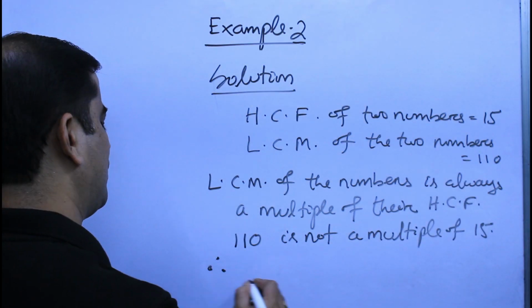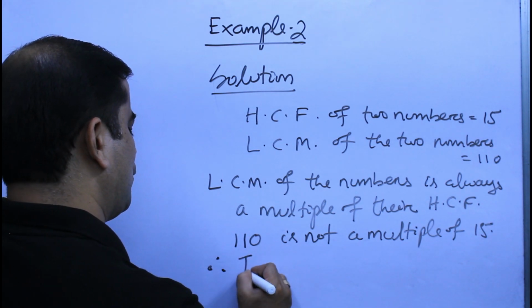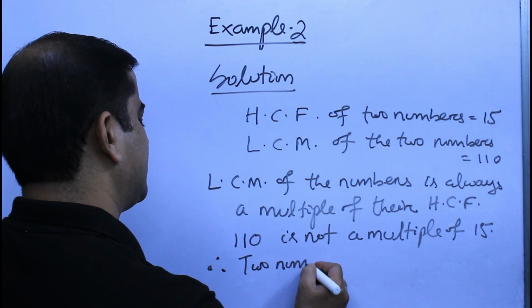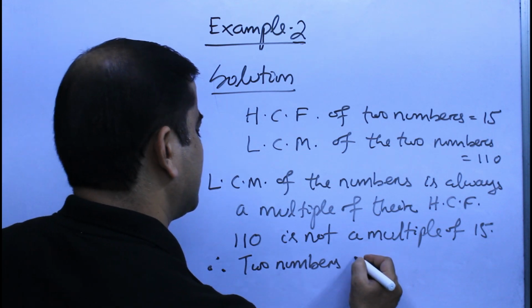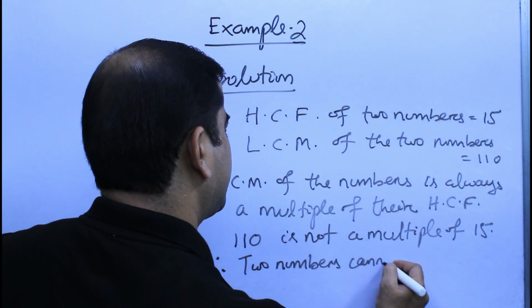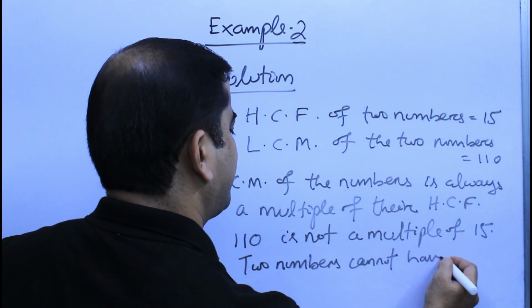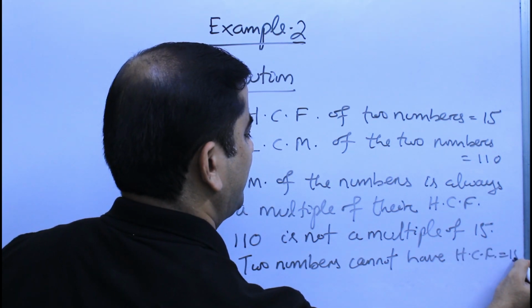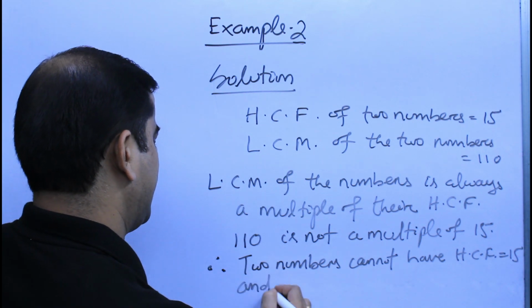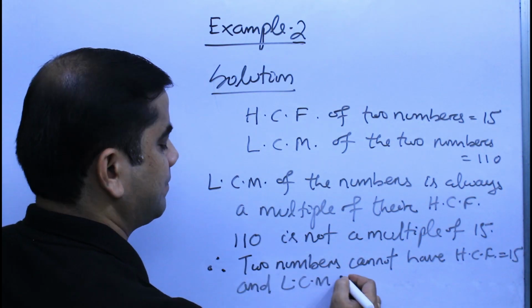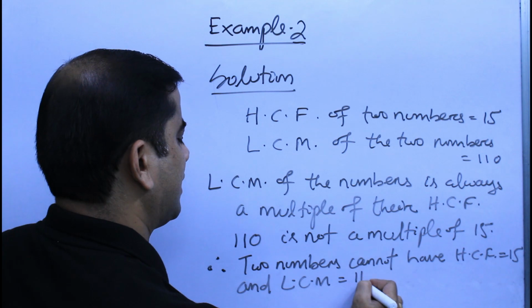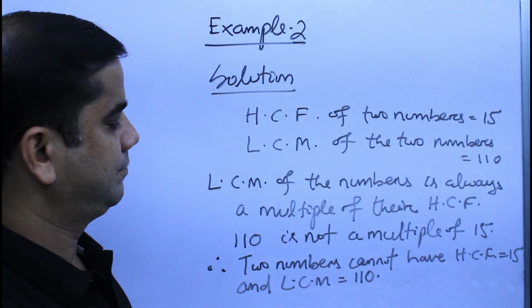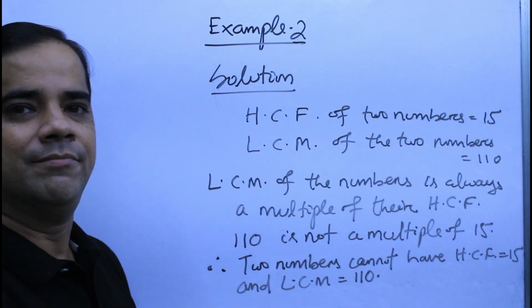So, two numbers cannot have HCF equal to 15 and LCM equal to 110. You need to write it like this.